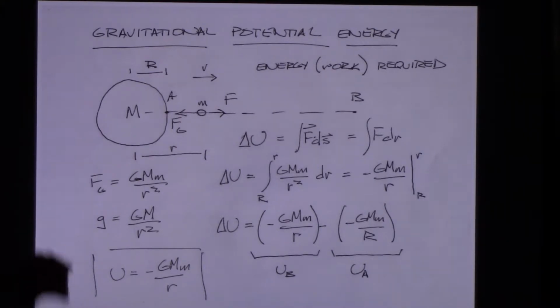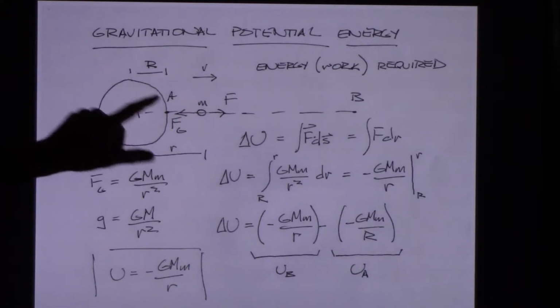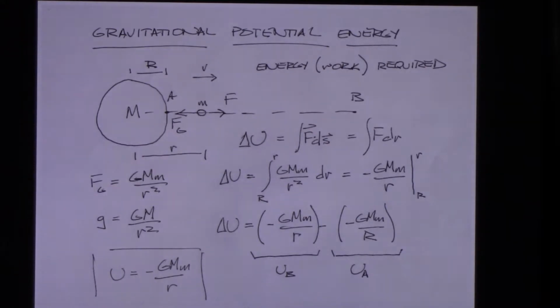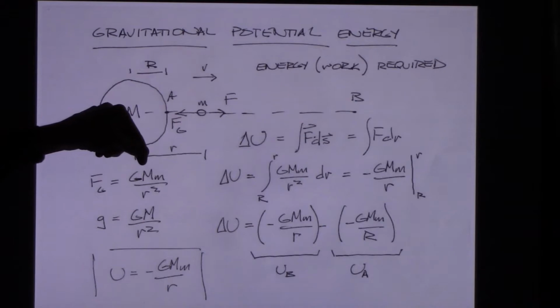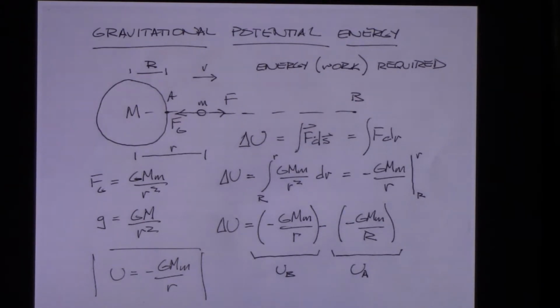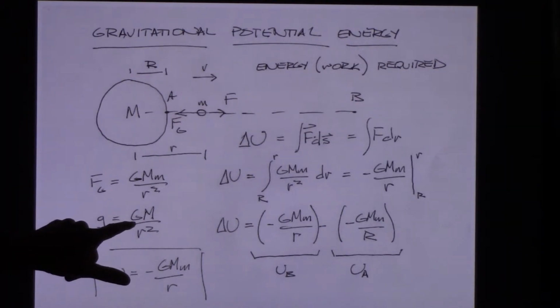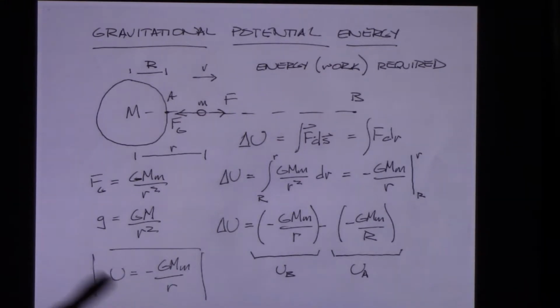Everything we calculated here would be identical if we were looking at charged objects. This could be big Q, that could be little q, and the distances could stay the same. The electric force between charges would involve little k. Everywhere there's a big G as a force constant, we take that out and put in little k as the force constant. Remember, little k is 8.99 times 10 to the 9th newton meters squared per coulomb squared.